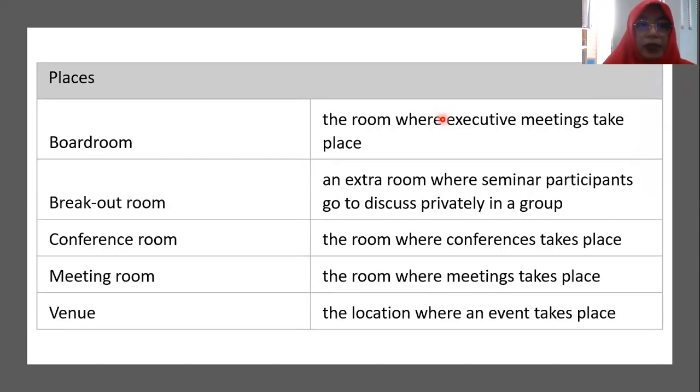Places that are usually related to presentations: there's the boardroom, the breakout room, the conference room, meeting room, and venue.